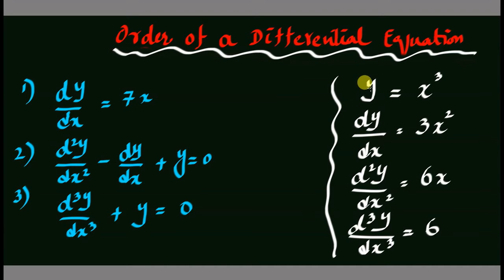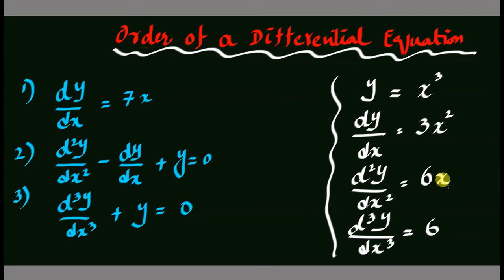If you differentiate an unknown function just one time, then it is called a first order differential equation. And in the second case, if you differentiate an unknown function twice, then you will get the second order differential equation.